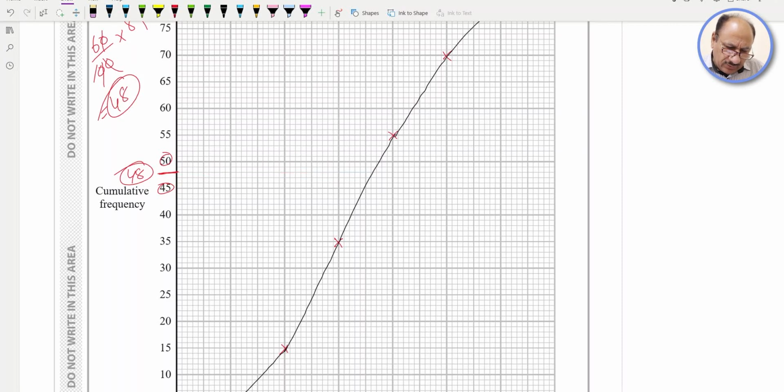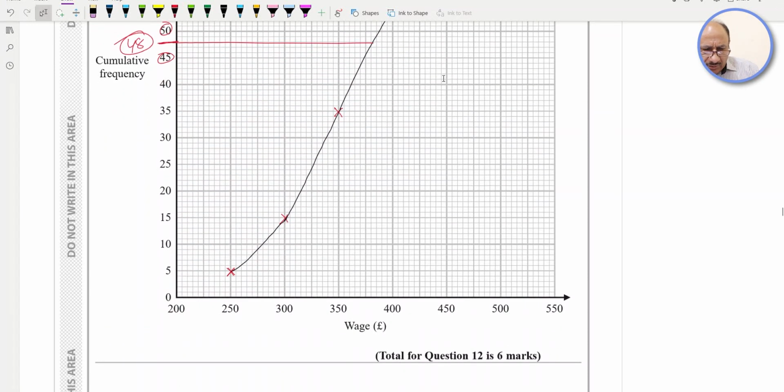Basically I'll redraw the line trying to be accurate, and this will be the 48 line. Now we can draw from this side, this will be the reference, and we can take it as basically 380.